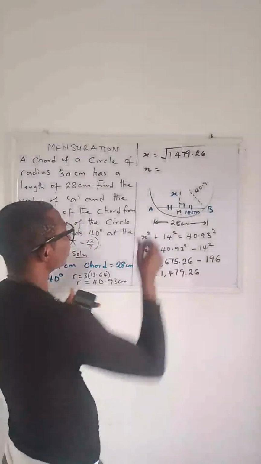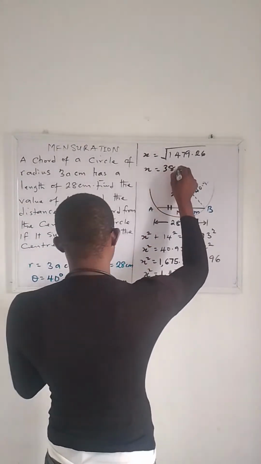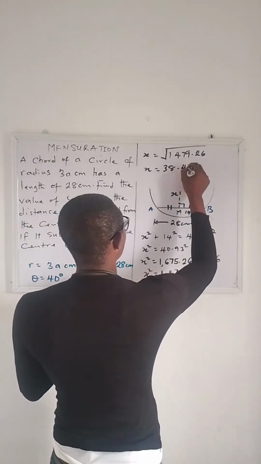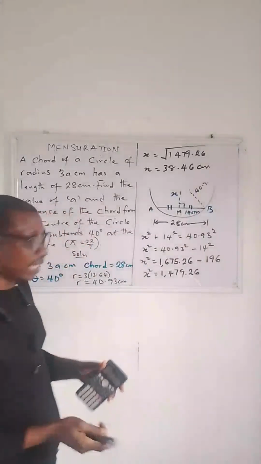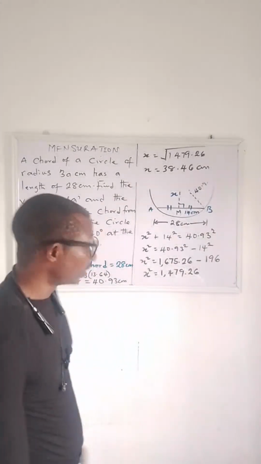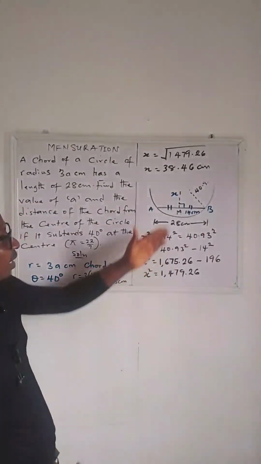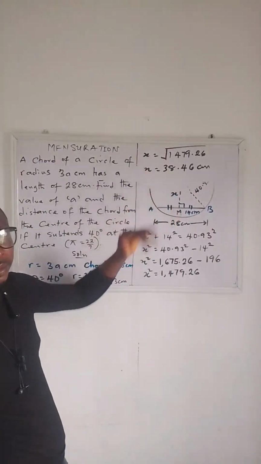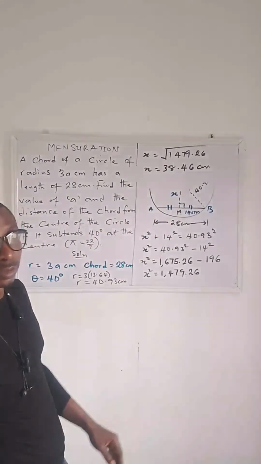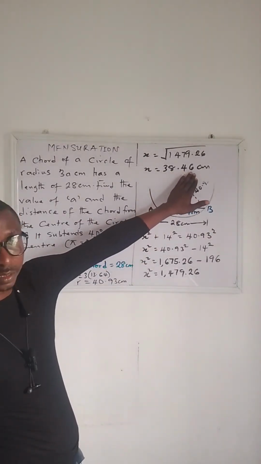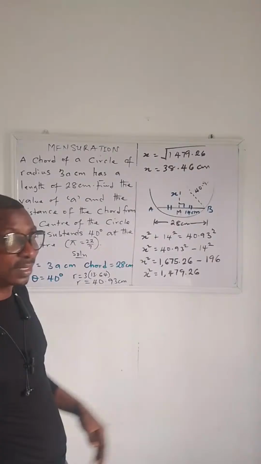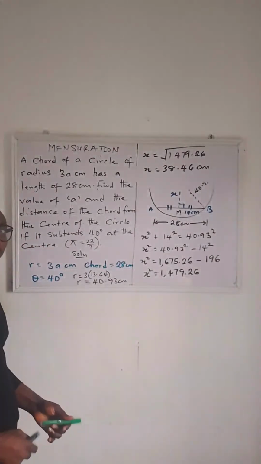So we have 38.46 centimeters. So that is going to be the distance between the center of the circle and the chord. So it's going to be 13.46 centimeters. All right. I hope you understand that.